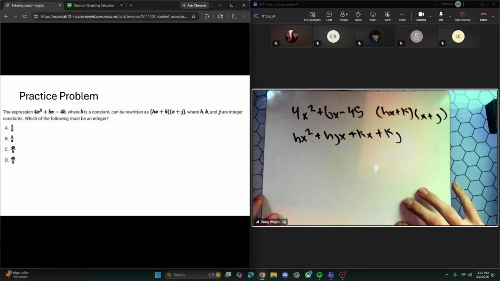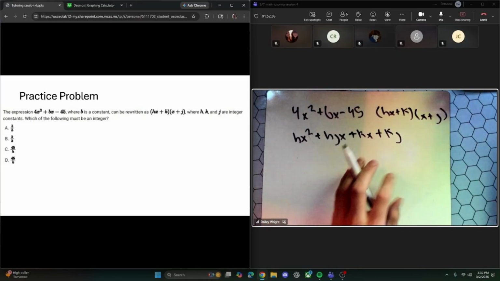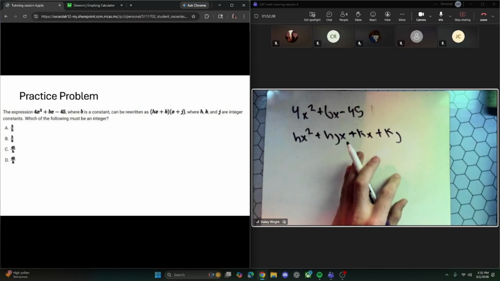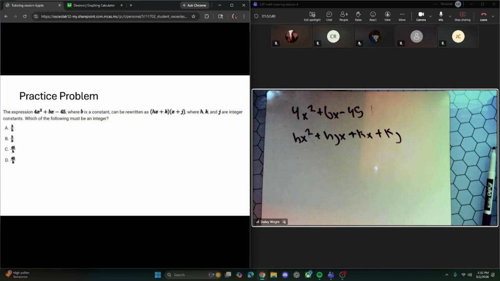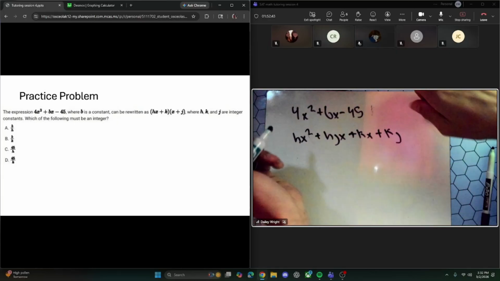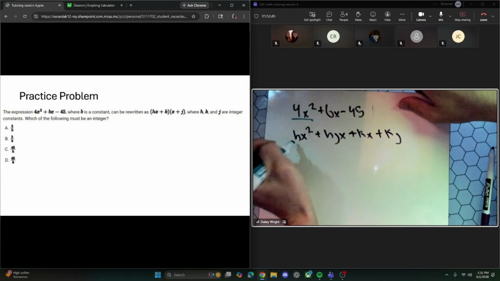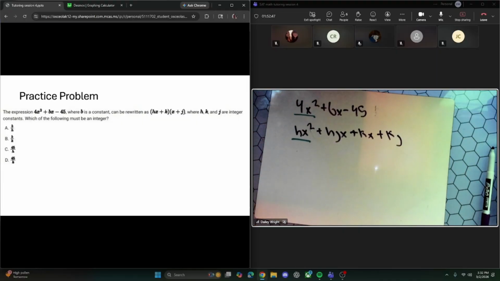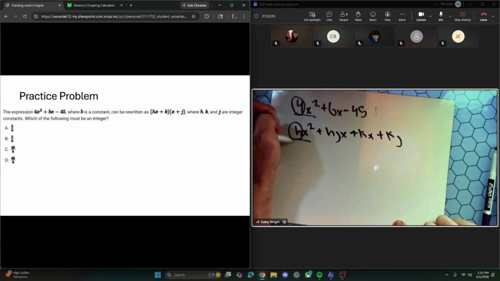So we see that it's given that these two expressions are equivalent. hx squared is the only thing with x squared by it, so your h coefficient must be equal to the 4 here. So h is equal to 4.